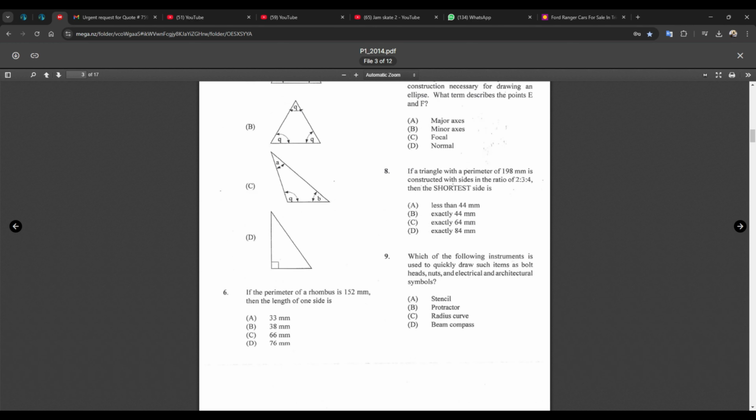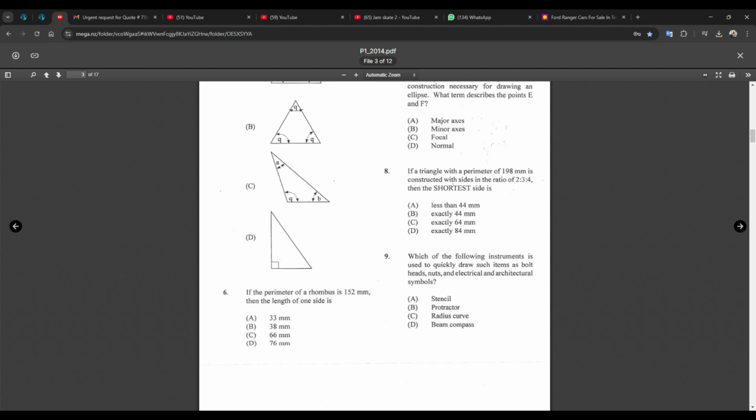Number 8, if a triangle has a perimeter of 198 millimeters and it's constructed with the sides in the ratio of 2 to 3 to 4, then the shortest side is... what we do here is we add the ratio. So 2 plus 3 is 5 and 4 is 9.